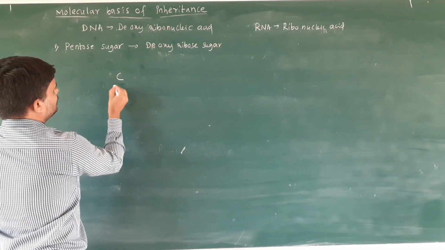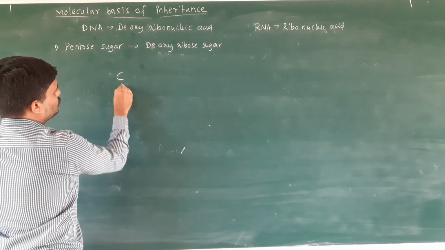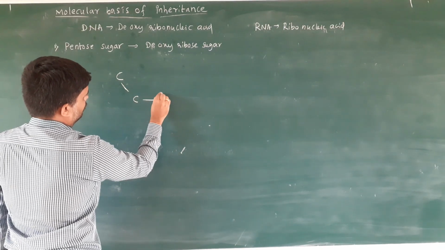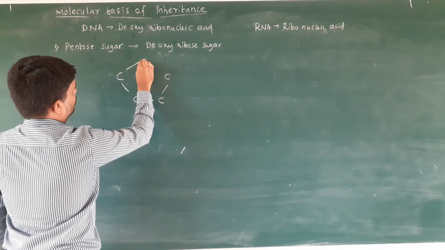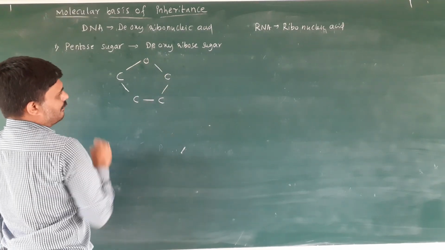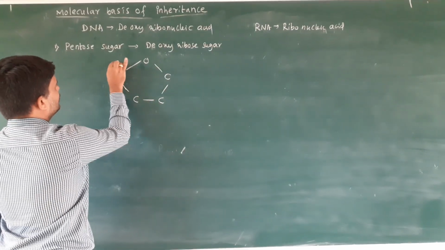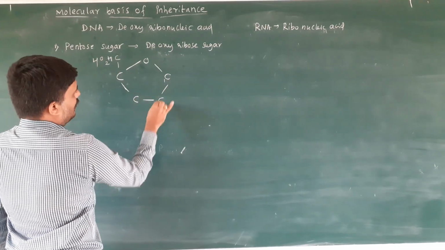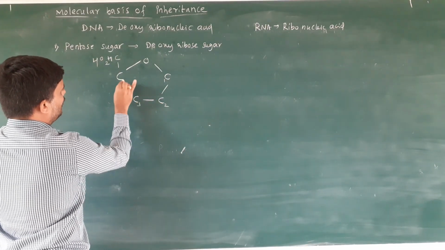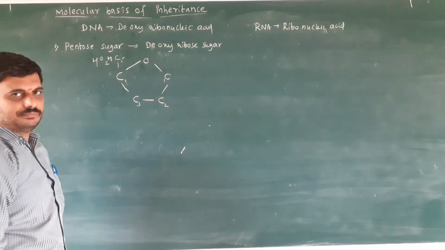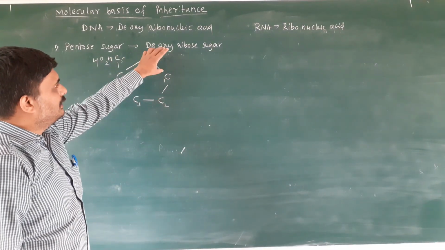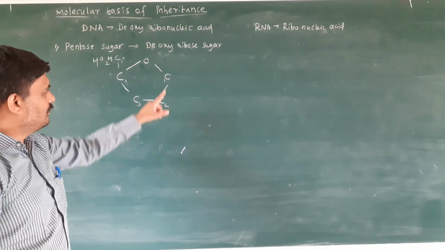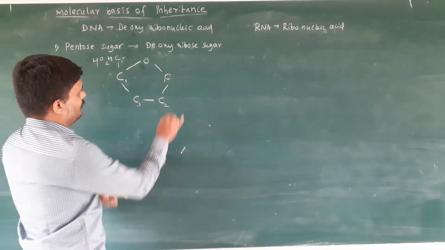See, the structure of the pentose sugar is like this. It has 5 carbons: first carbon, second carbon, third carbon, fourth carbon, and fifth carbon, with CH2OH at the end. So this pentose sugar, the ribose sugar, has 5 carbons, 1, 2, 3, 4, 5.